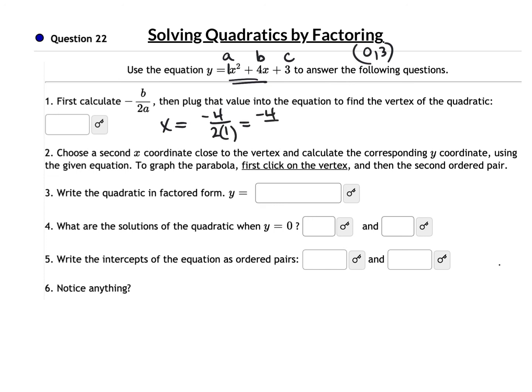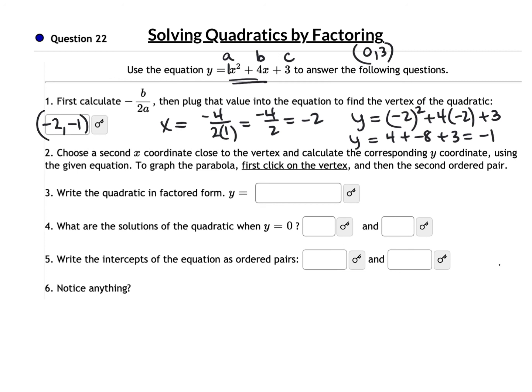That's -4 over 2, which is -2. Take that -2 and plug it in the equation. Y equal -2. Notice the parentheses. You must have parentheses. Squared plus 4 times -2 plus 3. This is 4 plus -8 plus 3. 4 plus -8 is -4, and -4 plus 3 is -1. The vertex then is -2, -1.